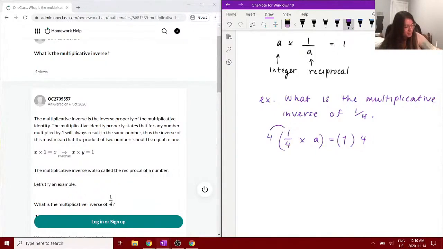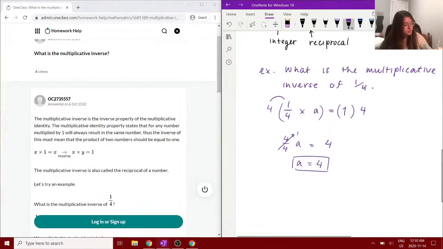Sorry about that. We just get 4 over 4, which is just 1 on this side. I'll write out the whole thing. Like I said, 4 over 4 is 1. So we get a is equal to 4.